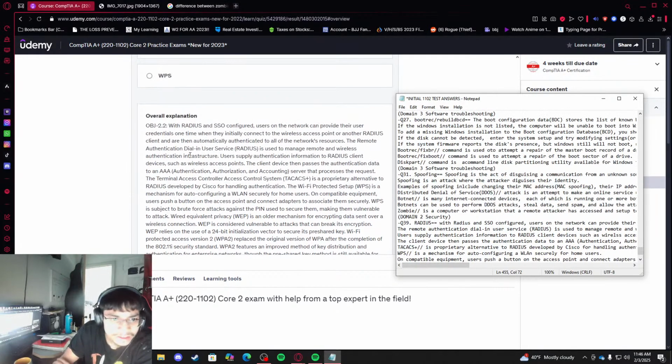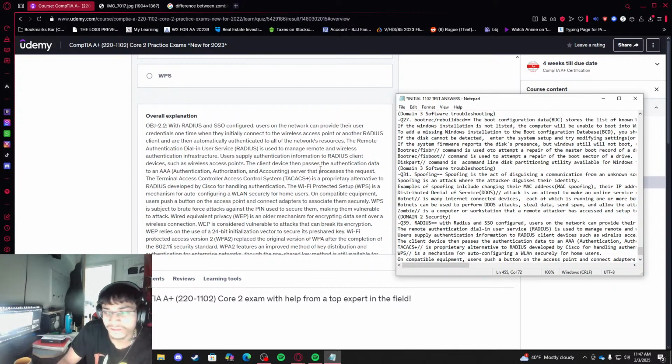Okay. So Radius is a two-step thing. Users provide their credentials, connect to the wireless access point or another Radius client, then are automatically authenticated to all the network's resources. It is used to manage remote and wireless authentication infrastructure. Users supply authentication information to the Radius client. The client device then passes authentication data to a AAA server that processes the request.